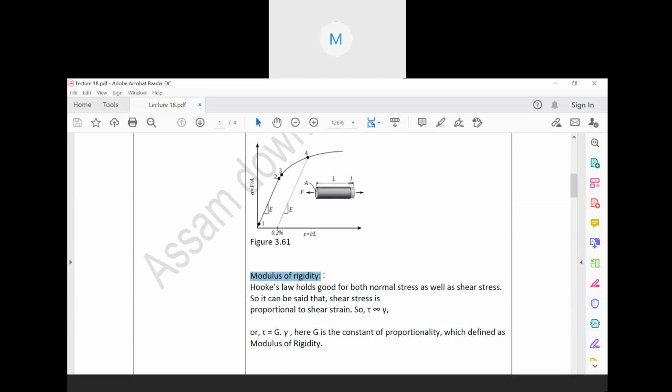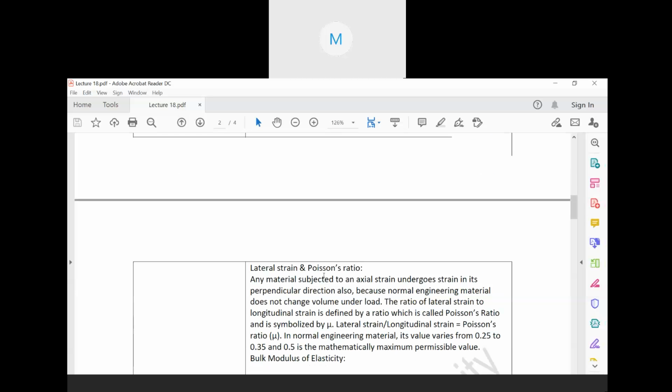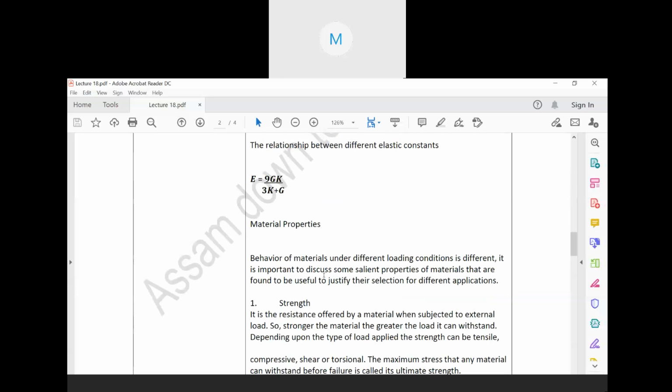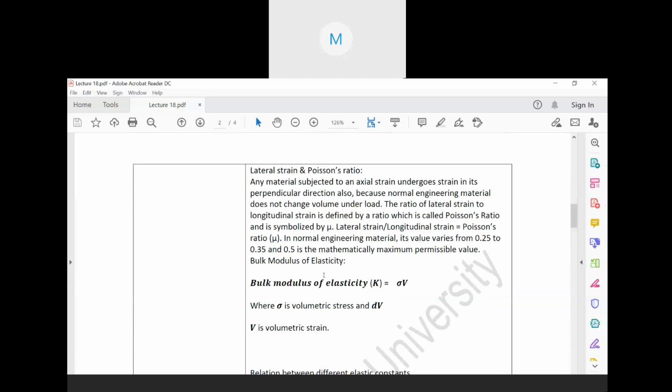Remember yesterday we discussed that stress is directly proportional to strain, right? Then we have one ratio. That ratio is known as Young's modulus.